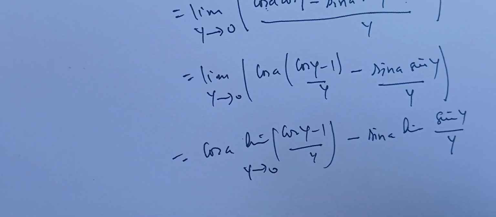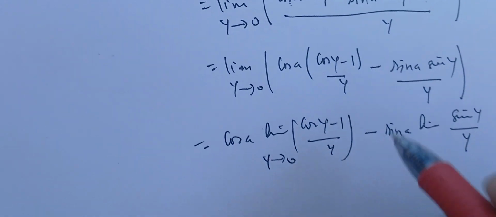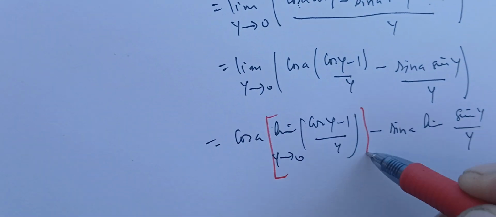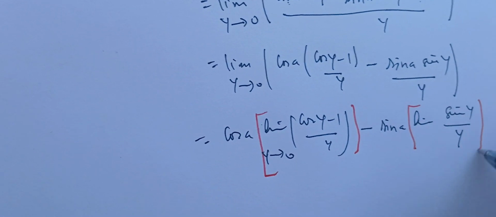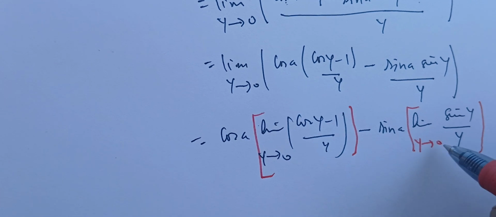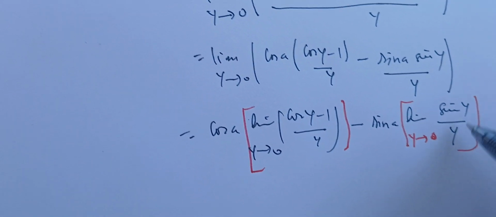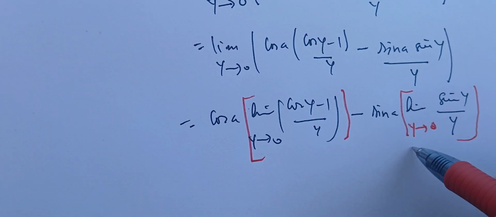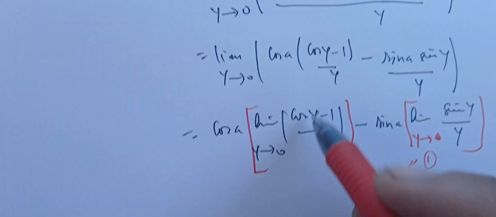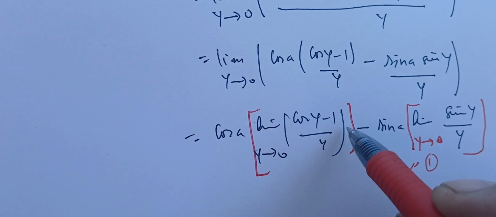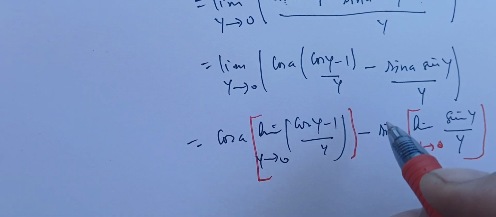We have to prove many results here. This one is the very famous limit that we are not going to prove: sine of y over y as y goes to 0 is 1. So what about cosine y minus 1 over y as y goes to 0?